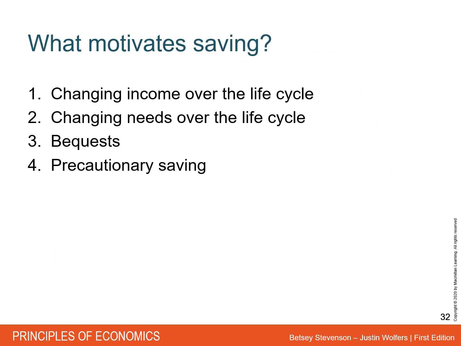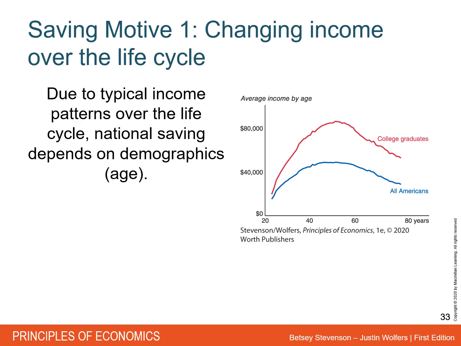So what motivates saving? So why do we save money? We save money whenever there's a change in income over our life cycle, right? So for most people in the economy, at an early age, our income's pretty low, right? So we tend to borrow money. But once your income's higher, we tend to save money.